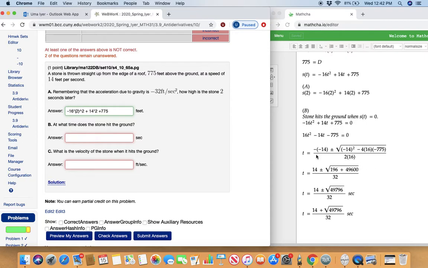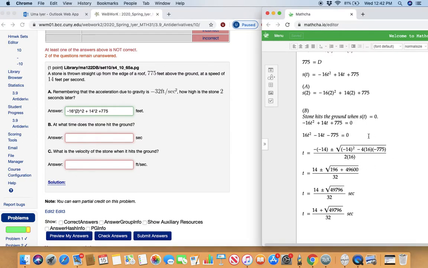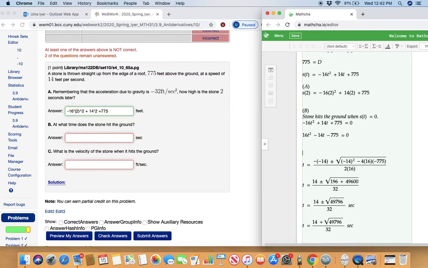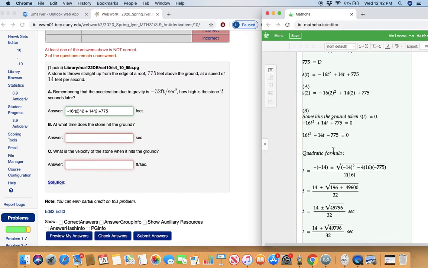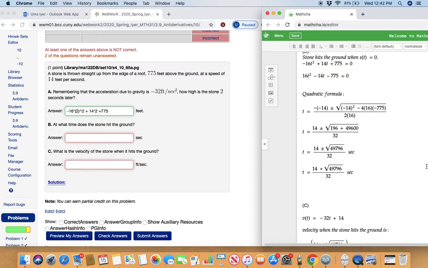So I'm using the quadratic formula. All right, so t equals minus b plus or minus square root b squared minus 4ac.